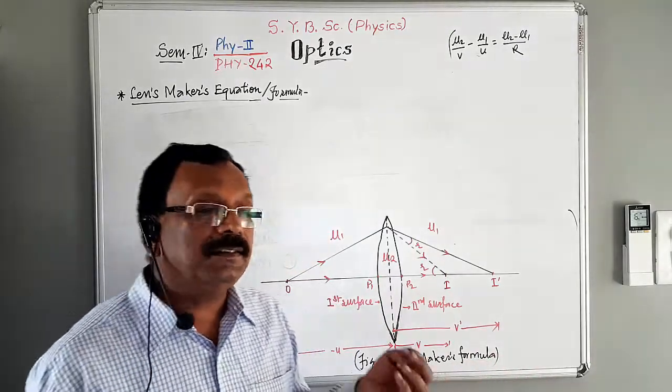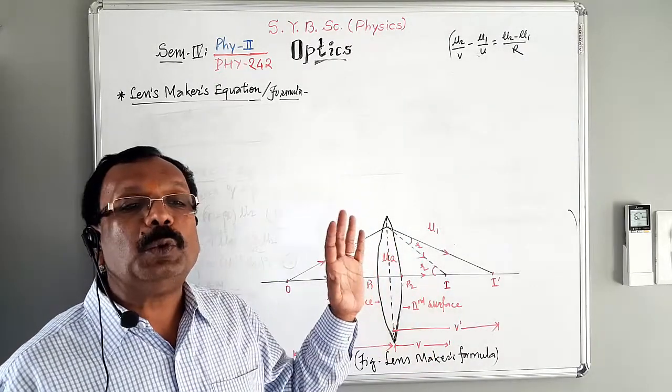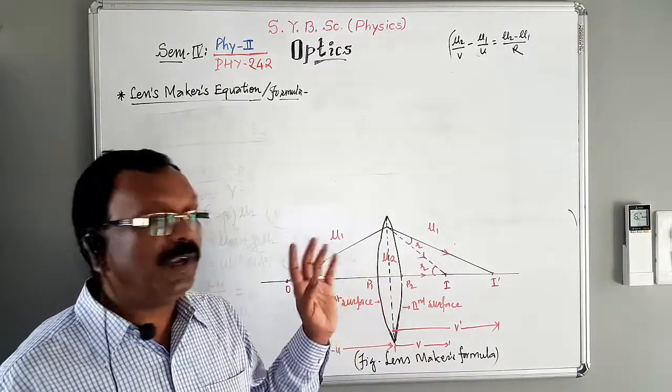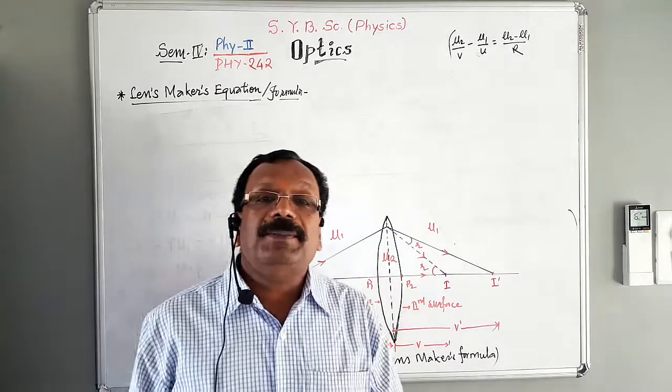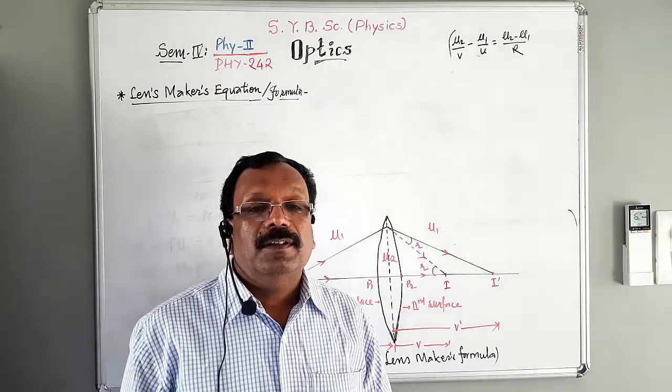We can say that R1 and R2 are the radii of curvature of two coaxial spherical surfaces. Coaxial means the principal axis is the same for both surfaces.